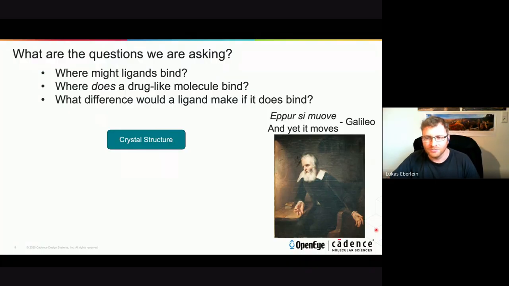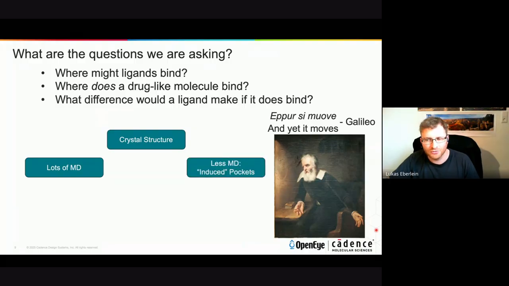You can do that by using molecular dynamics simulations. It might take quite a lot of MD, or perhaps you have another way of doing it, and you can use slightly less MD and use something like a chemical probe. We have ideas about how to do that.